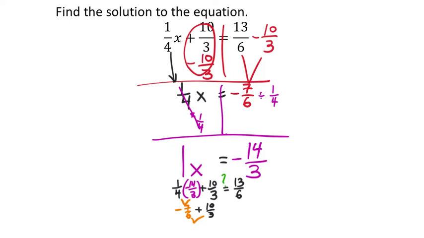So I put that in the calculator, and I do. This is 13/6 right there, which still equals, for now, 13/6. That's a true statement. And since it is true, I now know that the x value is, when I replace x with the -14/3, that is the solution.